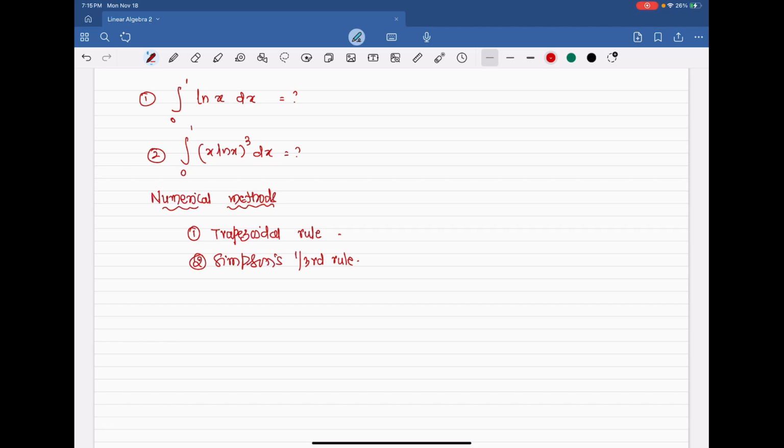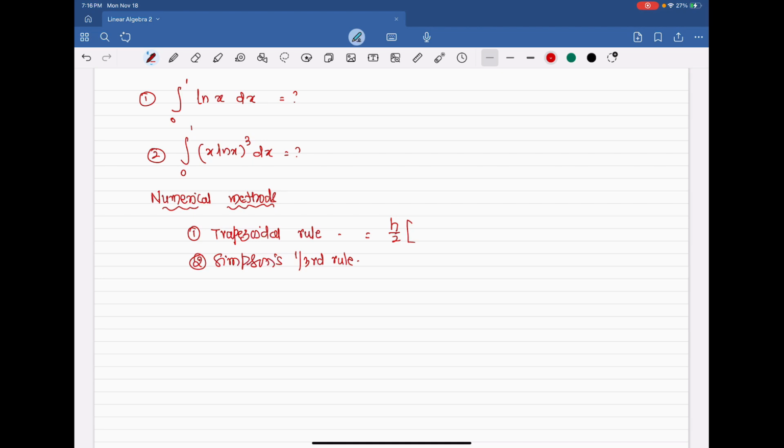Trapezoidal rule means the formula is straightforward. It is h by 2 into... one interval is given. That interval is divided into different parts. Like 0 to 1 is given, and we take the partition as 0.2.